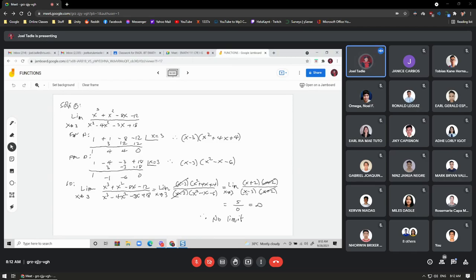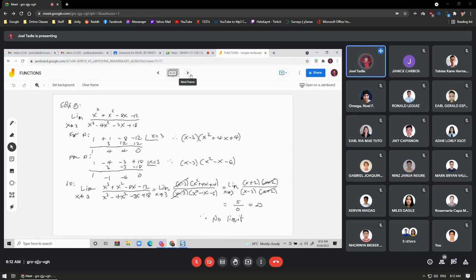So we have here 5 over 0, which is equal to infinite. Therefore, ni-conclude ta nga this given function has no limit. So kaduha na gani guys nga magsigbalik-balik ang zero denominator. So mo-conclude na ta ana nga wala ni siya limit, no limit.